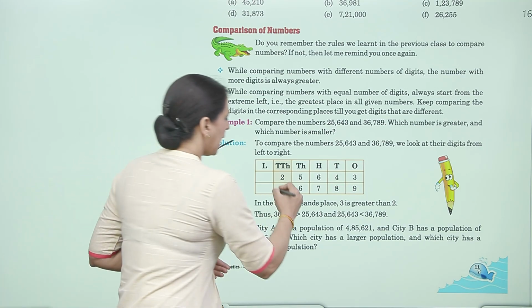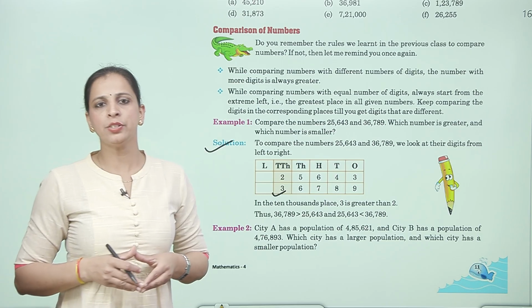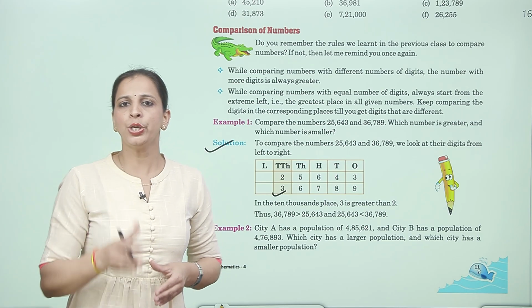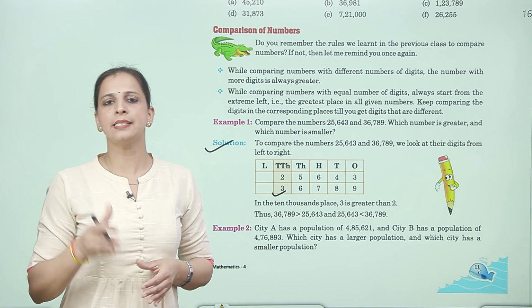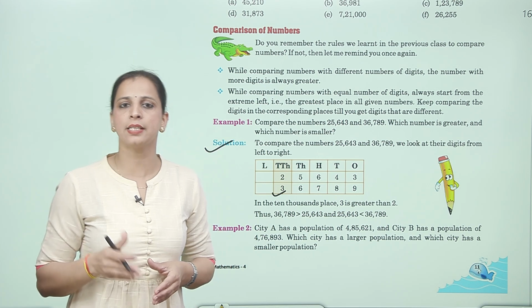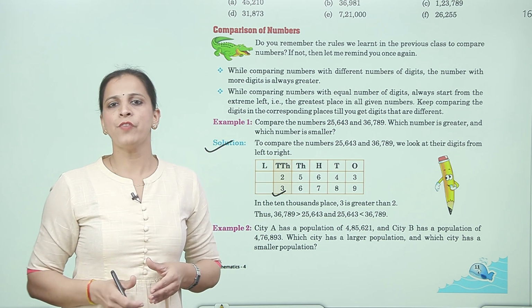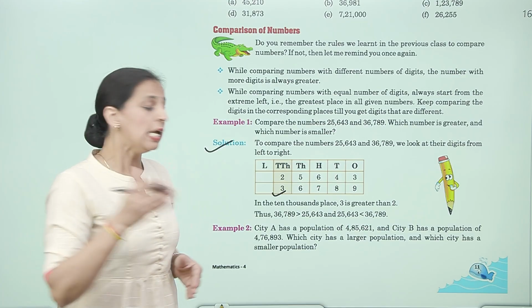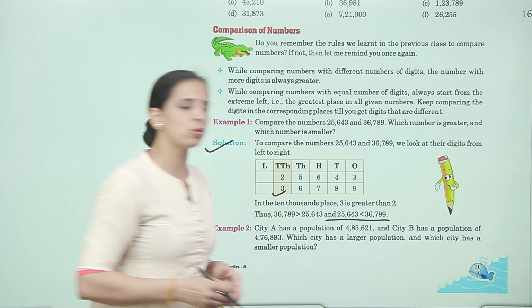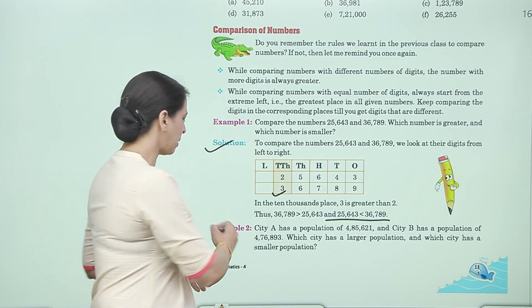Now, at the 10,000 place, 2 and 3. In the 10,000 place, 3 is greater than 2. Thus, 36,789 is greater than 25,643 and 25,643 is less than 36,789.